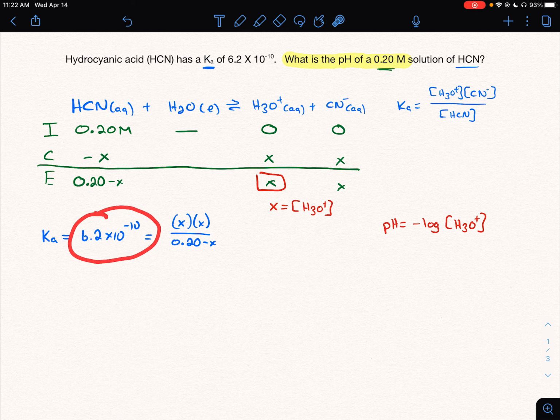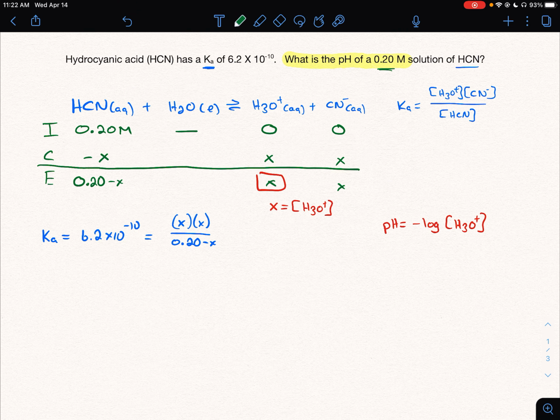The other way is when we think about our equilibrium constant, we see it's 6.2 times 10 to the minus 10th. So this is a very small number. Remember, this is a ratio of products over reactants. So when we see such a small number, it means that almost everything is on the reactant side, and very little goes to products. That means this minus X is very, very small.